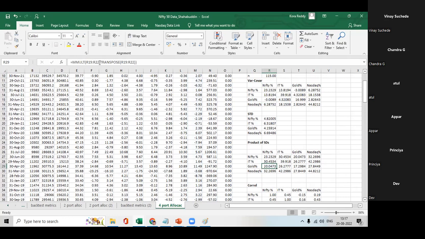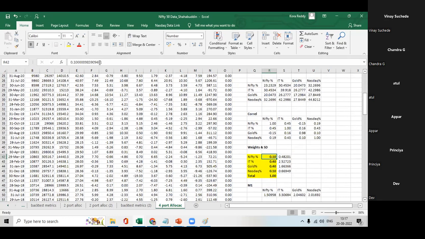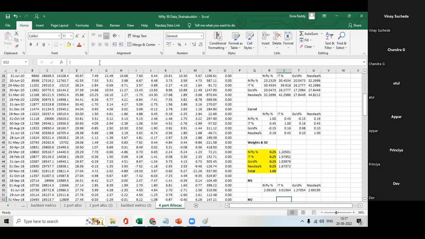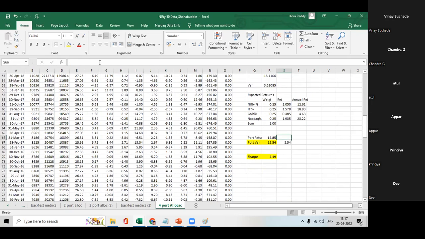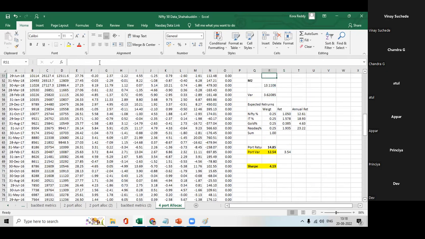And this is the initial, just 0.25, right? Weights into SD, then some calculation, then this is actually the variance. Right, square root of that.